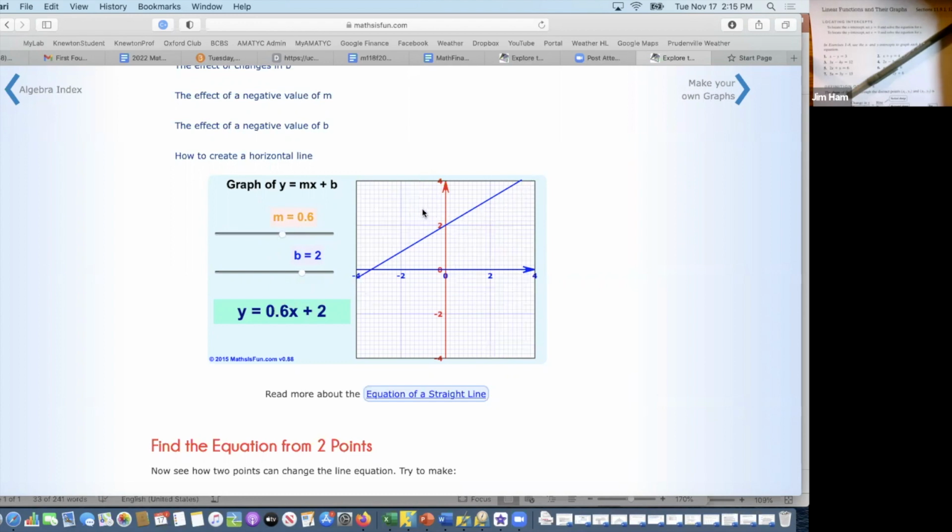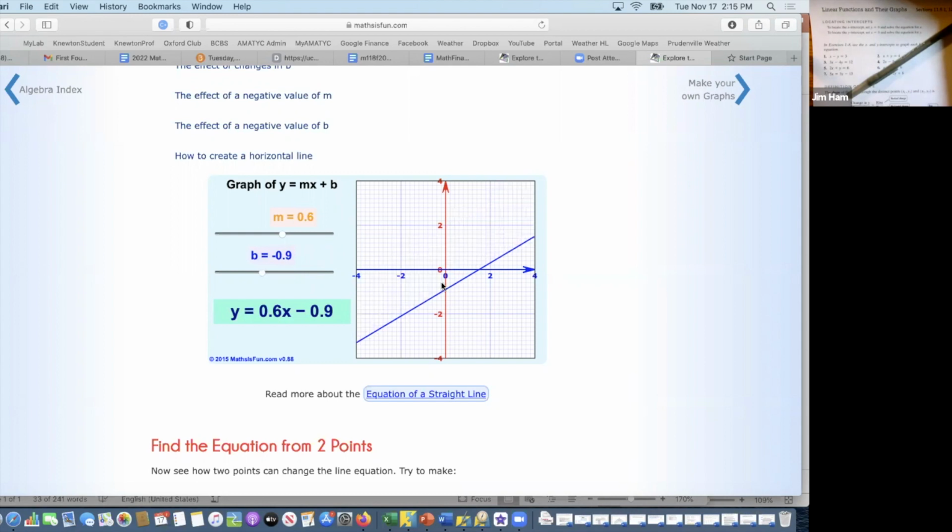We'll talk about the relationship between the sign, positive or negative, of the slope, and the steepness, or how the line behaves. Notice I didn't move the y-intercept. This b here is the y-intercept. If I change this number, watch how the line just goes down the y-axis.